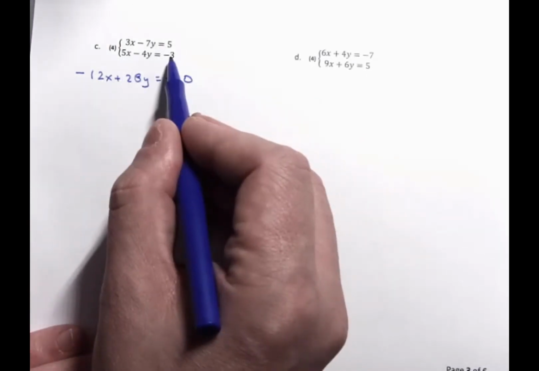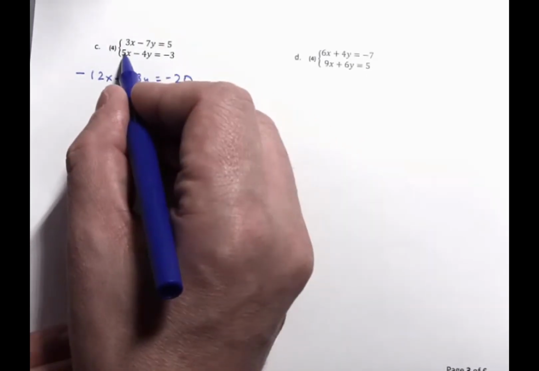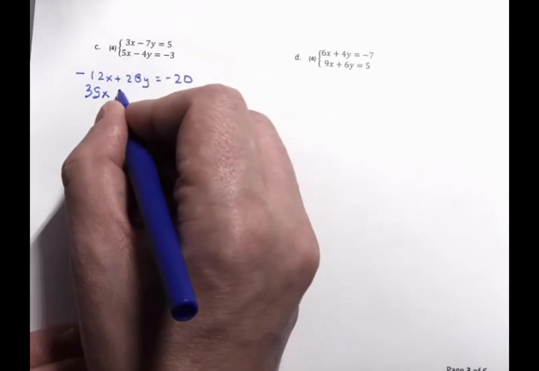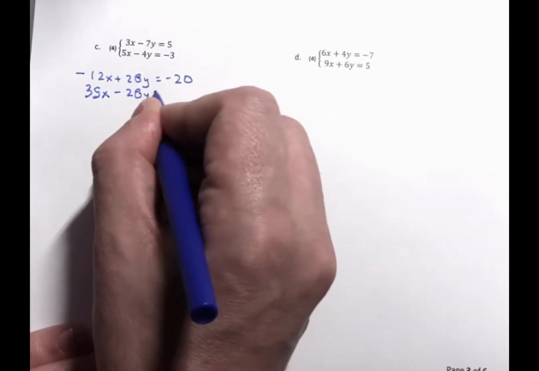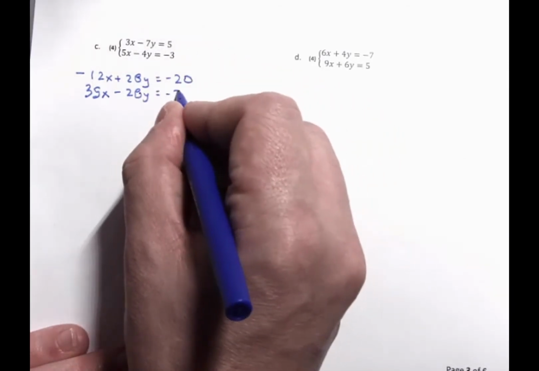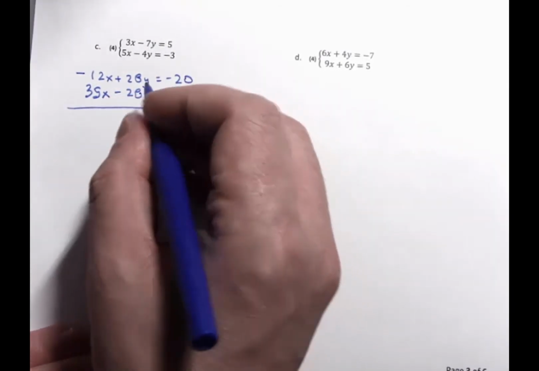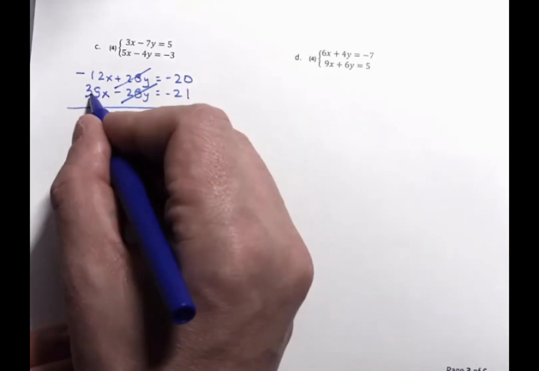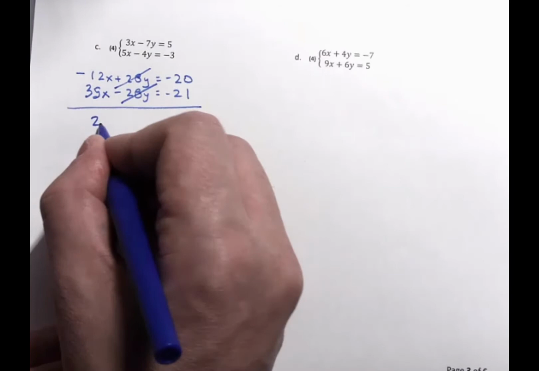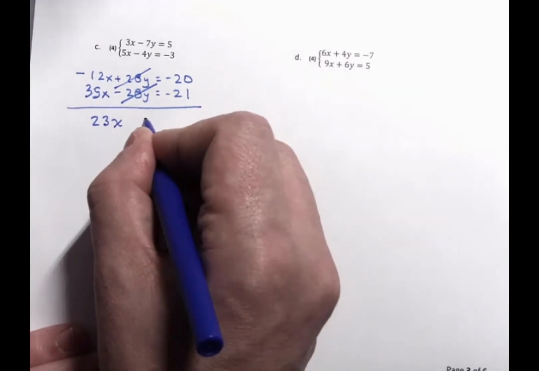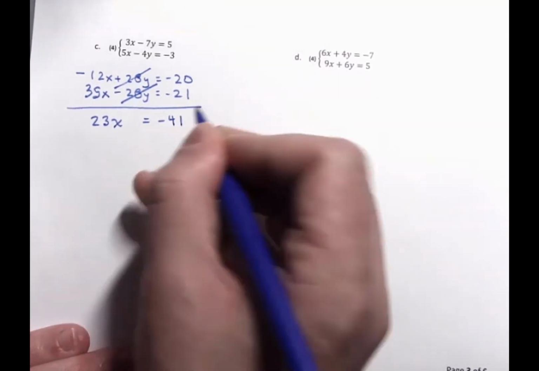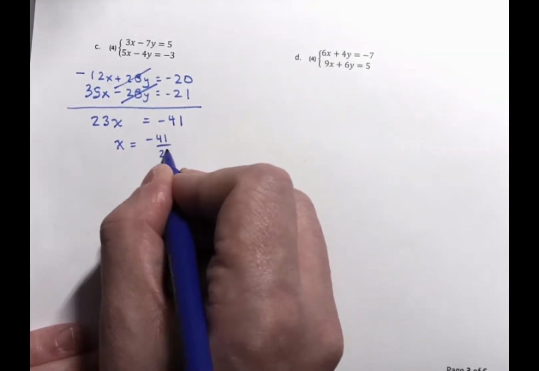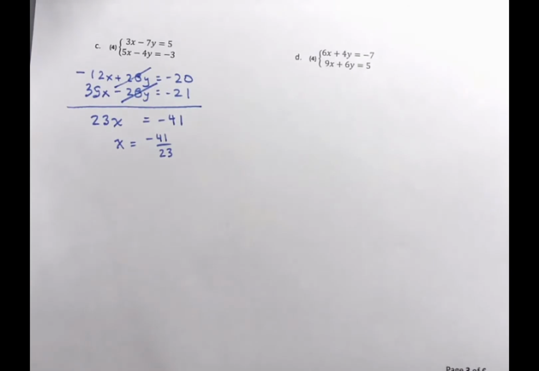And on the bottom equation, I'll multiply by 7. 5 times 7 is 35. Negative 4 times 7 is negative 28. And negative 3 times 7 is negative 21. Eliminating, since those match up, leaves me with 35 minus 12, which is 23x, equals negative 41, and therefore x equals negative 41 over 23.